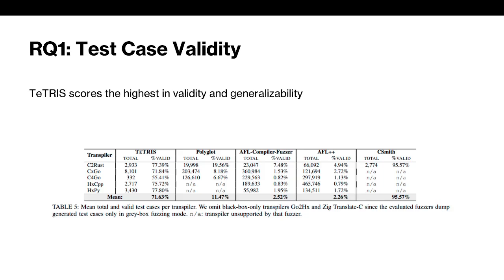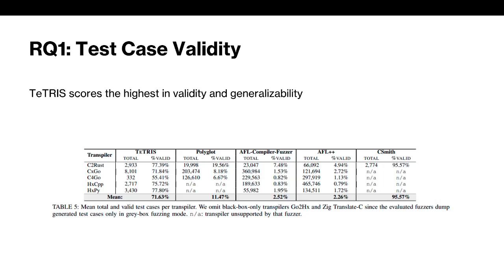In terms of the first research question, can it generate valid test cases? TeTRIS scored very high with this. In terms of generating valid test cases for C, CSmith did the best, but CSmith only works on C. AFL++ and AFL compiler fuzzer could generate random inputs, but the number of valid tests from the source code was very low, hovering at like 2 to 3%.